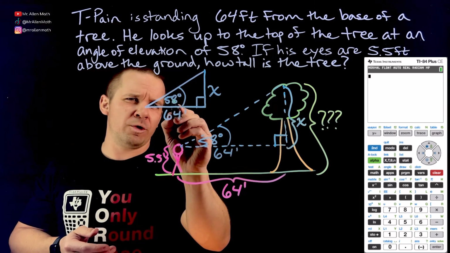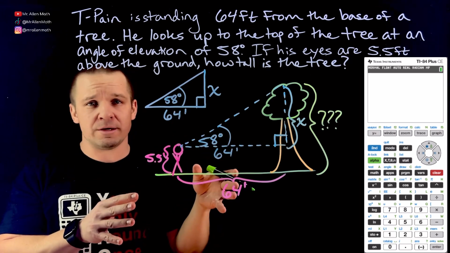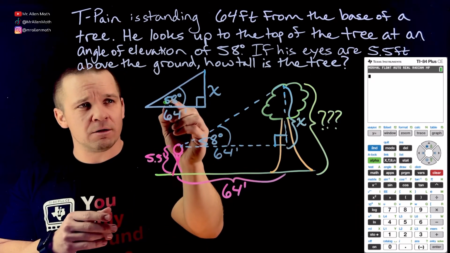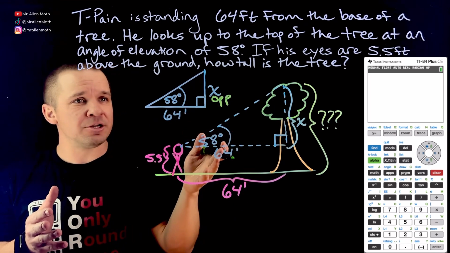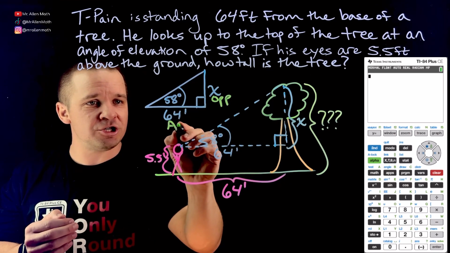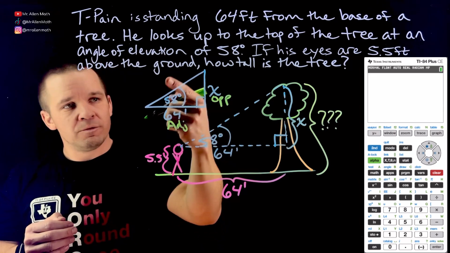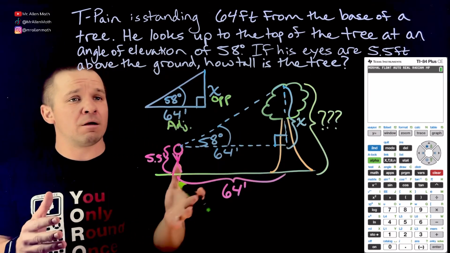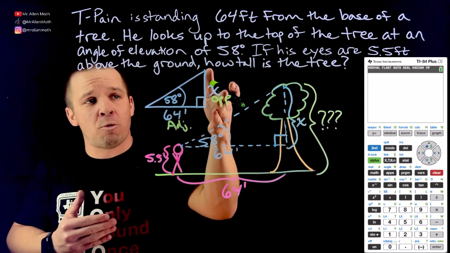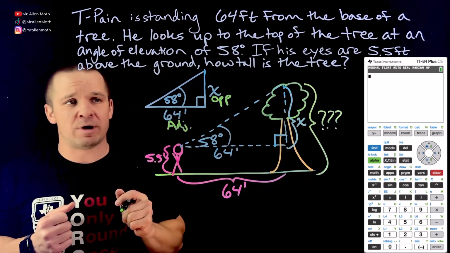Well, with respect to that 58 degree angle, x is my opposite side. And with respect to that 58 degree angle, the 64 is my adjacent side. The one that's across from the right angle is always my hypotenuse, but I'm not worried about that one here. I'm worried about my opposite and my adjacent. This is what I want. This is what I have. That's also what I have, the angle.